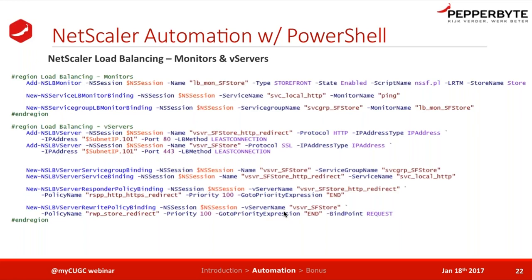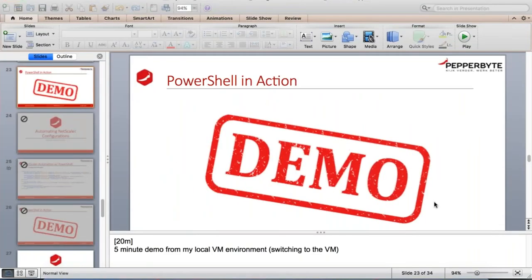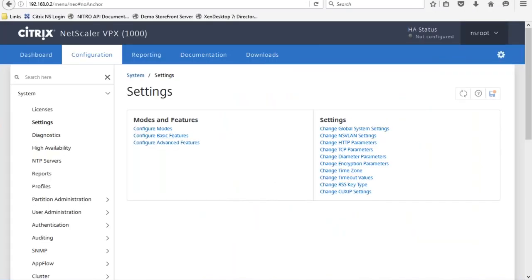And last but not least, I need to make sure that the monitors and the virtual servers are created as well, and all the different components are bound to that virtual server, or the 2 virtual servers that I have in place. And I do realize that this is quickly running you through the script. So let's return to the demo environment and show you just how easily that script can be run and the configuration can be created.